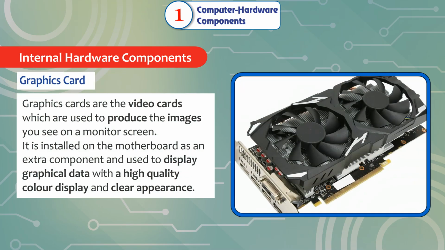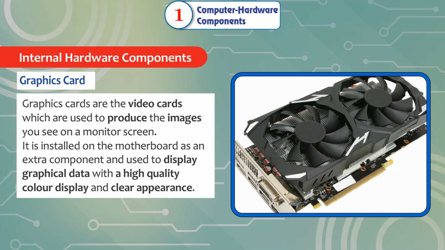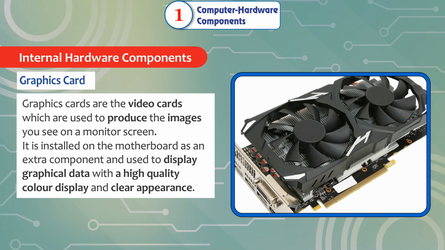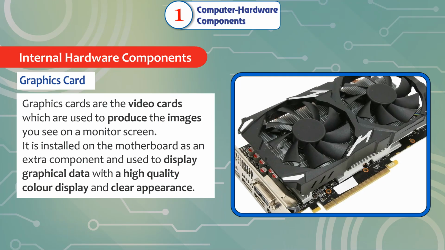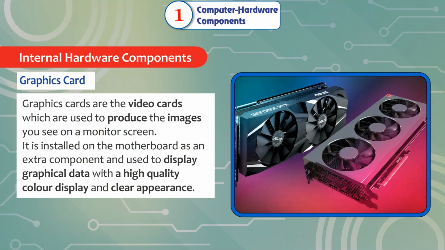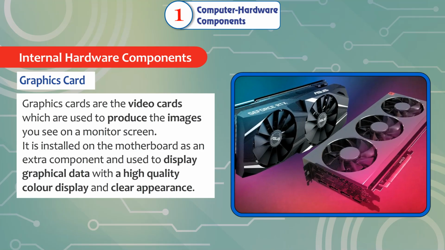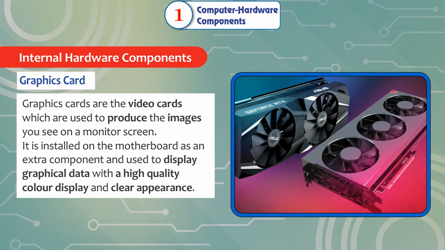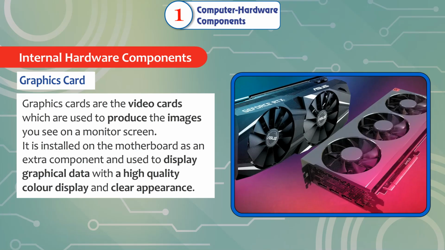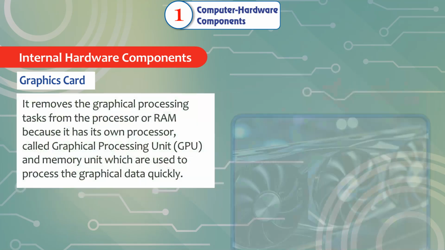Graphics card. Graphics cards are the video cards which are used to produce the images you see on a monitor screen. It is installed on the motherboard as an extra component and used to display graphical data with a high-quality color display and clear appearance.